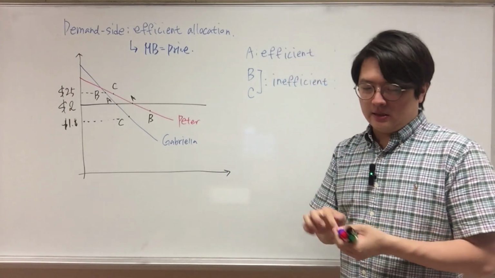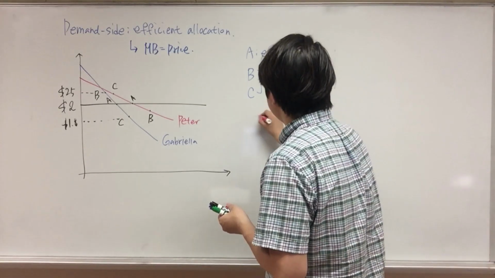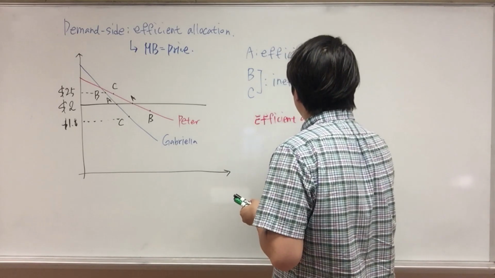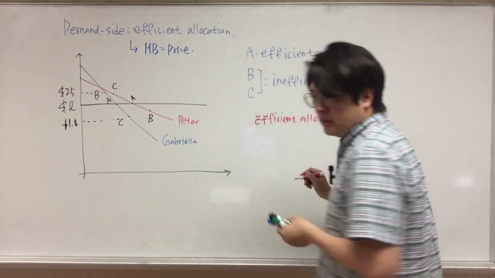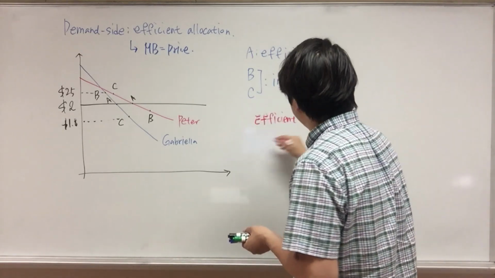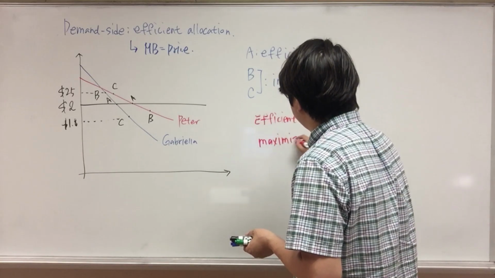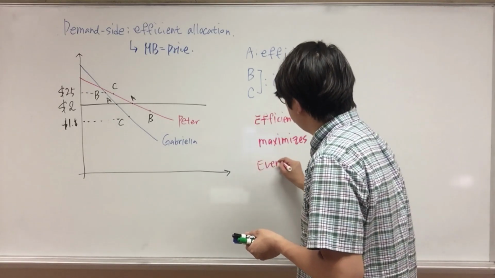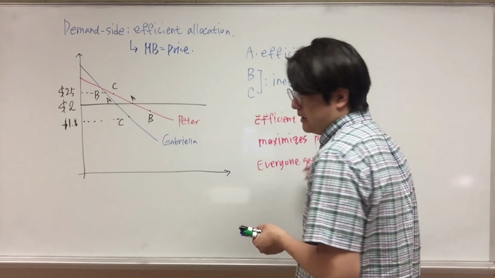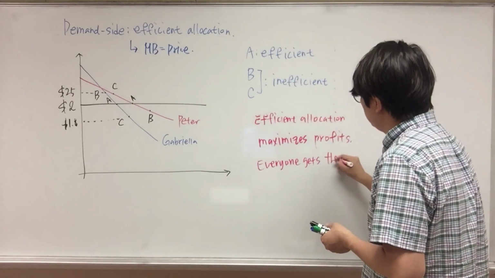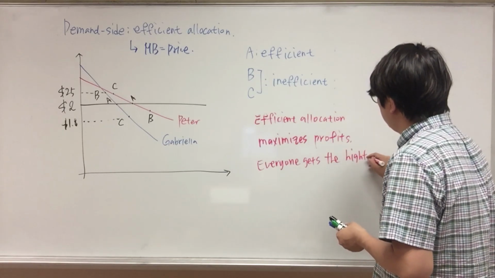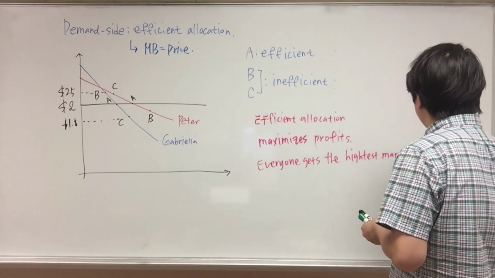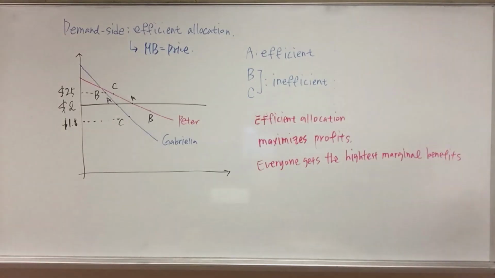So we can conclude that efficient allocation can maximize profits, so everyone gets the highest marginal benefit. Okay, that is the conclusion. Any questions about this?